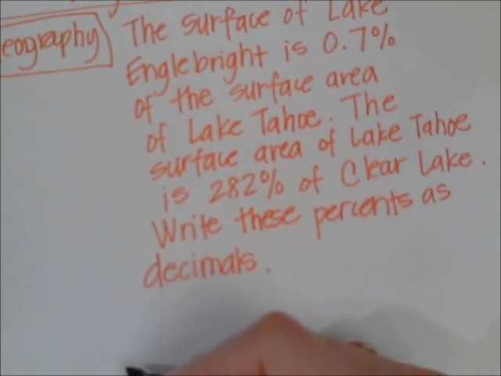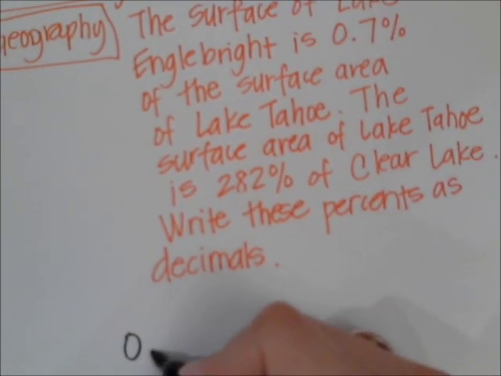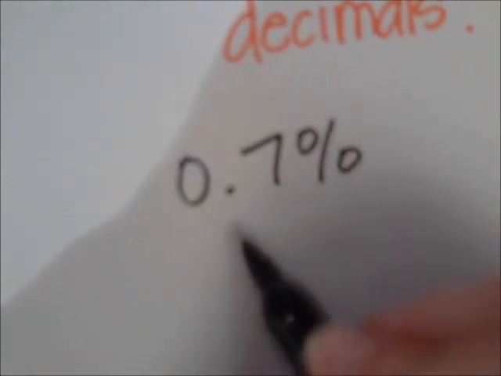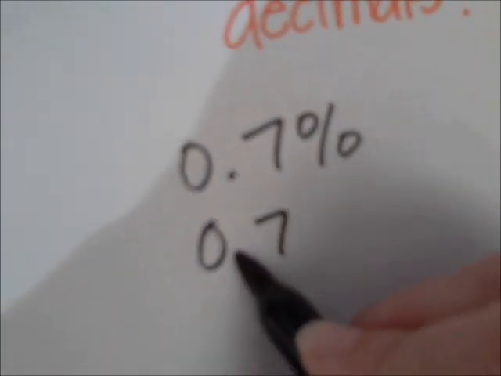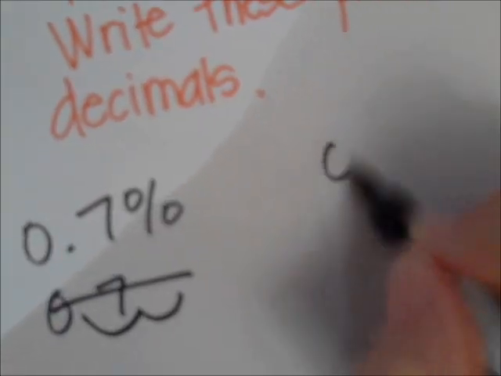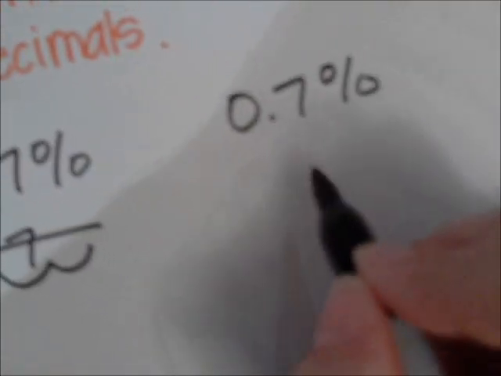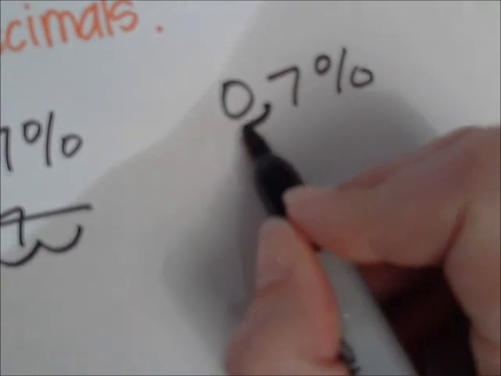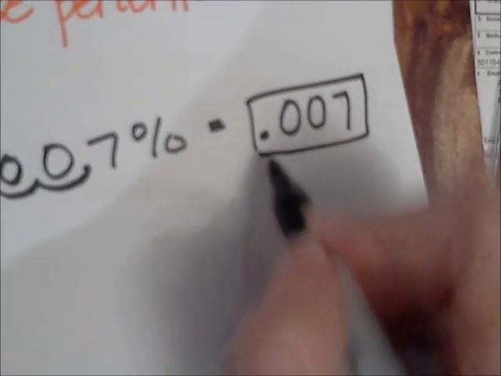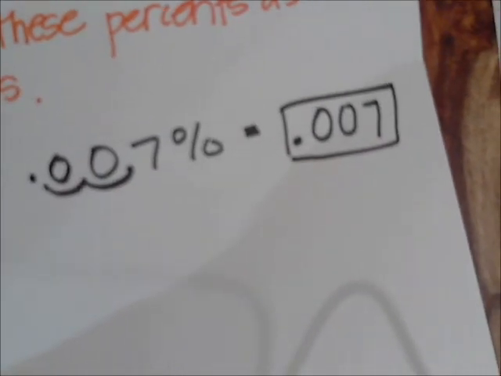Okay, we have 0.7%, so they want us to change this to a decimal. We move the decimal over 2 times to the left, so this is represented by 7 thousandths.